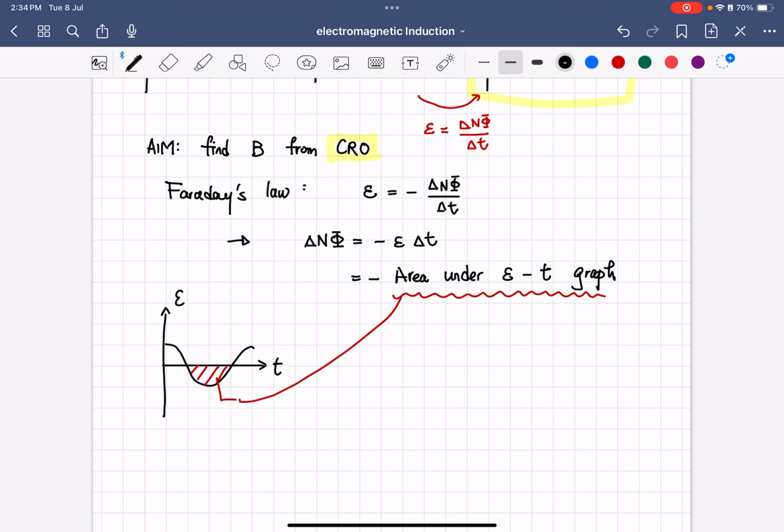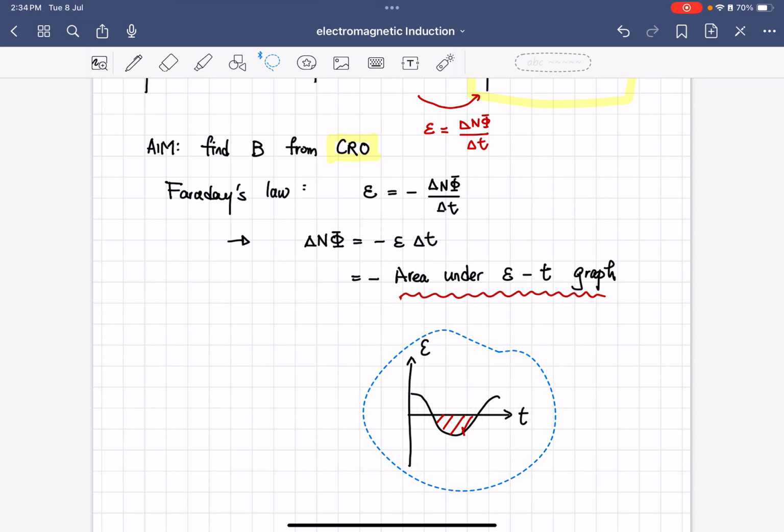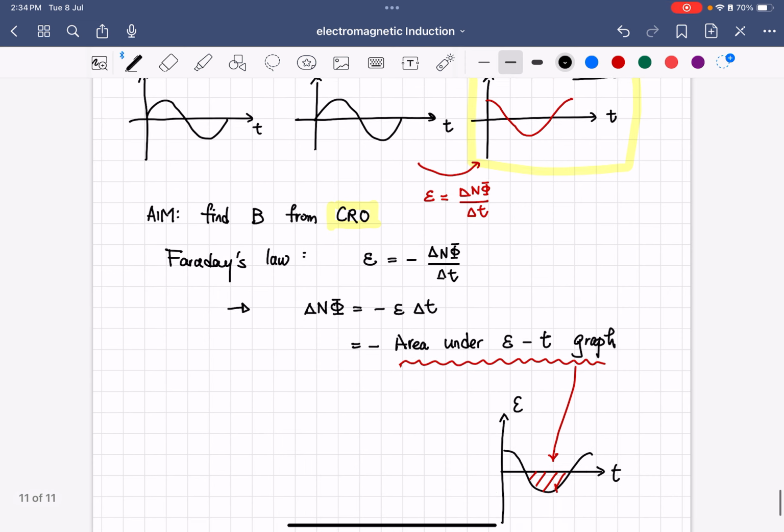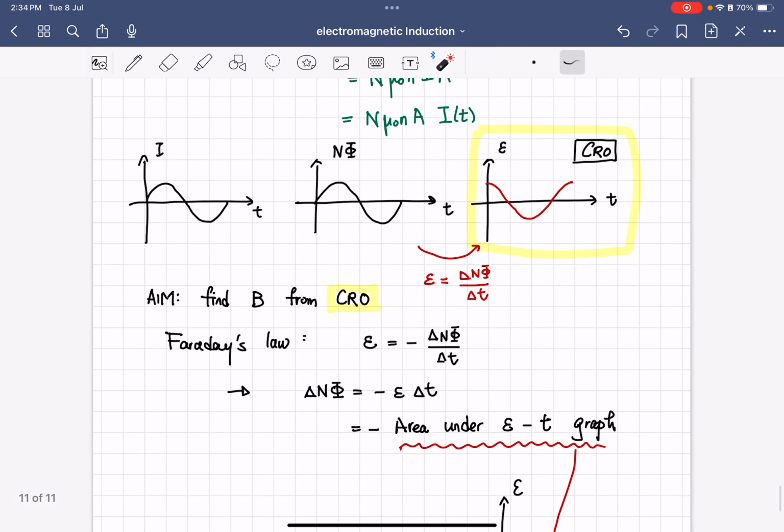And then on the left hand side of the equation, this area can be found. Now on the left hand side of the equation, we have the ΔNΦ. Then we look at the corresponding change from here to here.